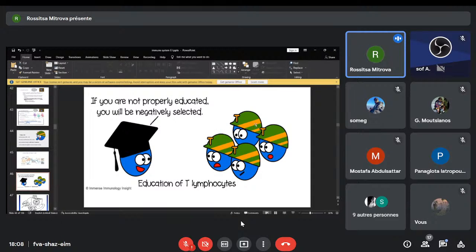Now, if the cells are not properly educated, they will be negatively selected.